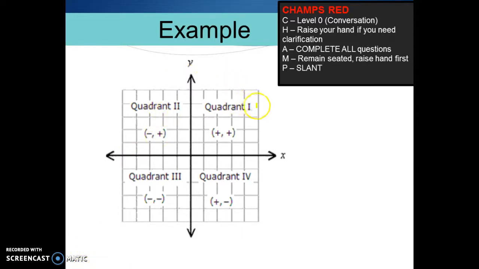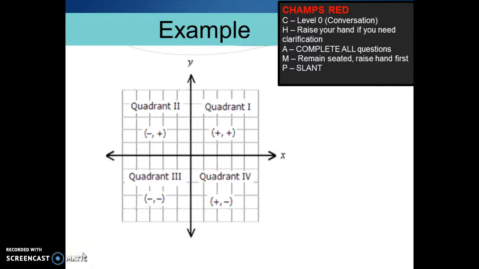If I was in quadrant 1 and went clockwise with a 90-degree rotation, what quadrant would I be in? Think about it. I will be in quadrant 4. So my x values will be positive and my y values will be negative.